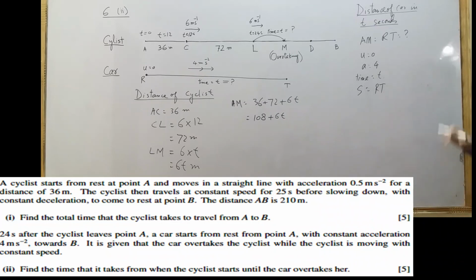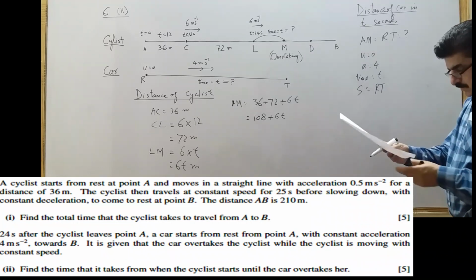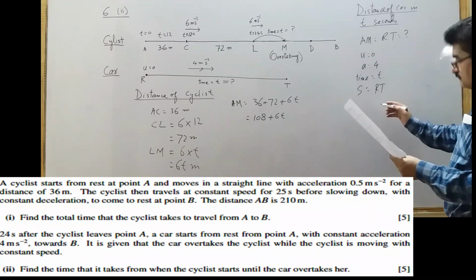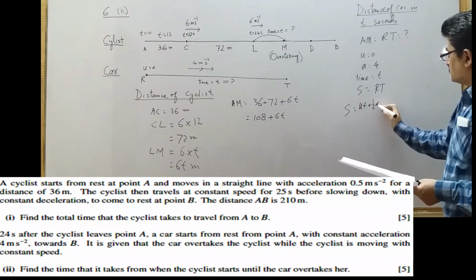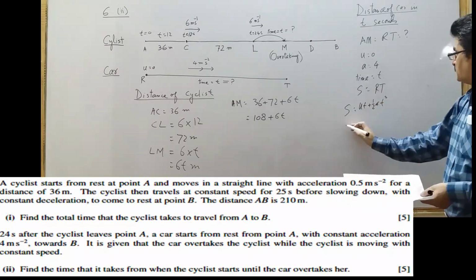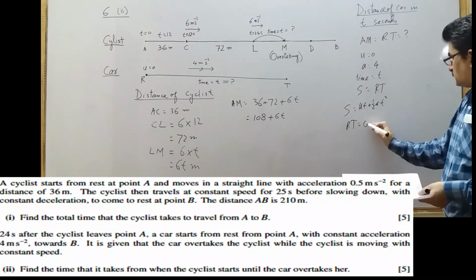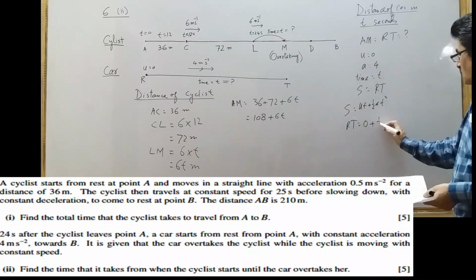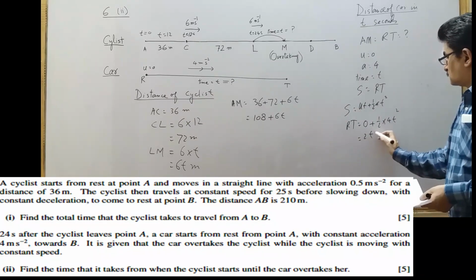Now, which formula connects these four quantities? You will apply that formula: s is equal to ut plus half at square. Applying this formula, we get the distance RT equal to, this is 0 because u is 0, half a is 4, so 4t square over 2, which is equal to 2t square.